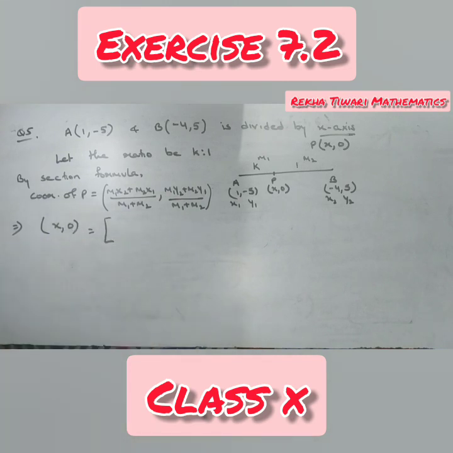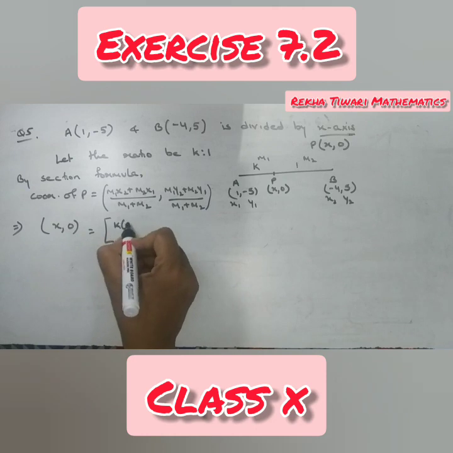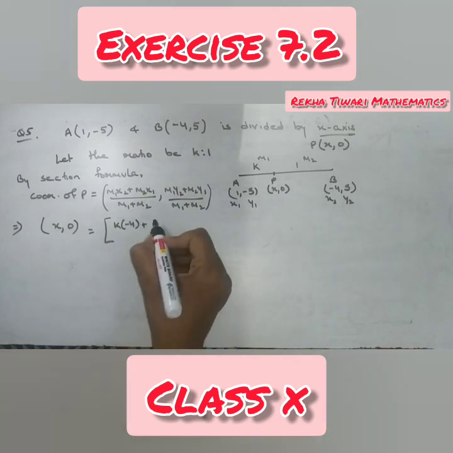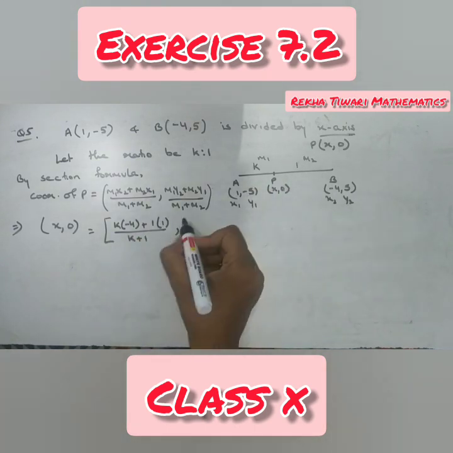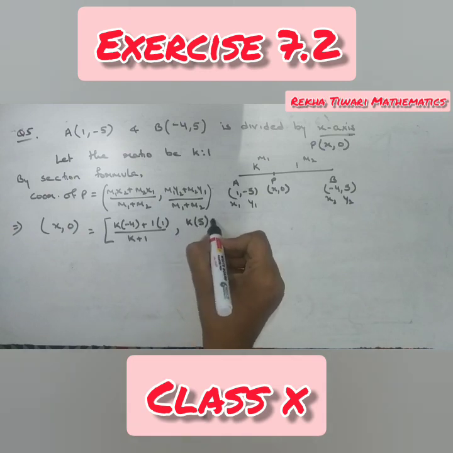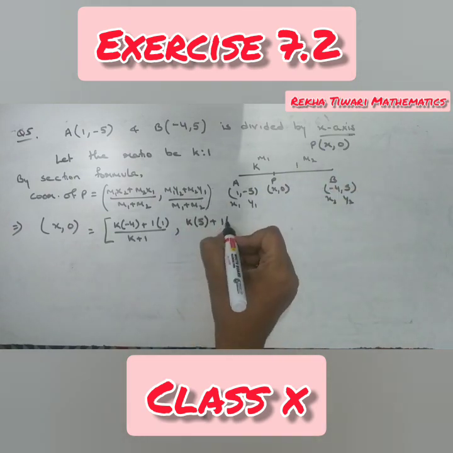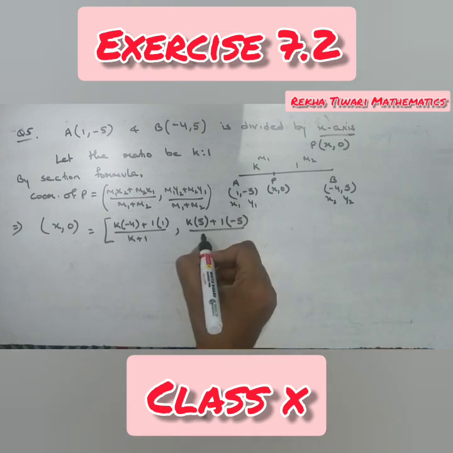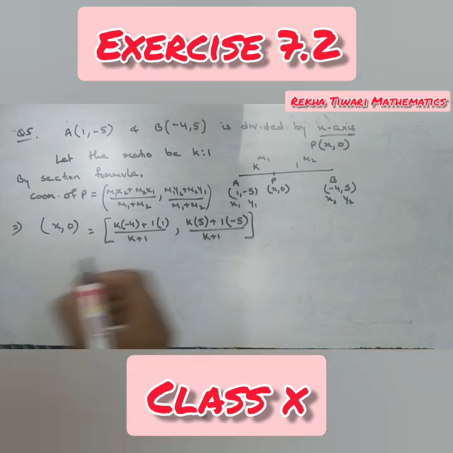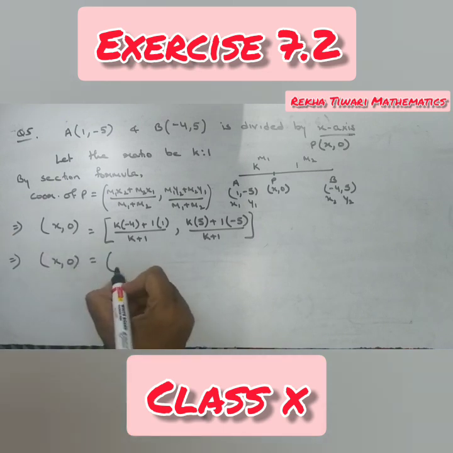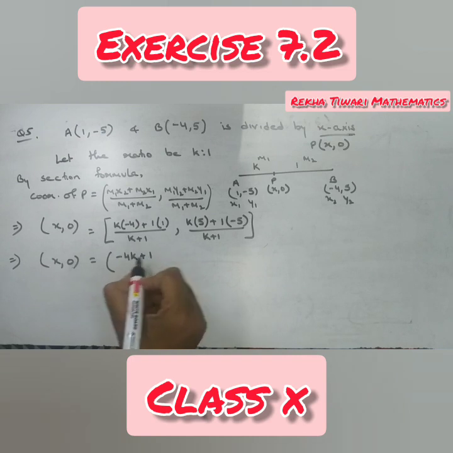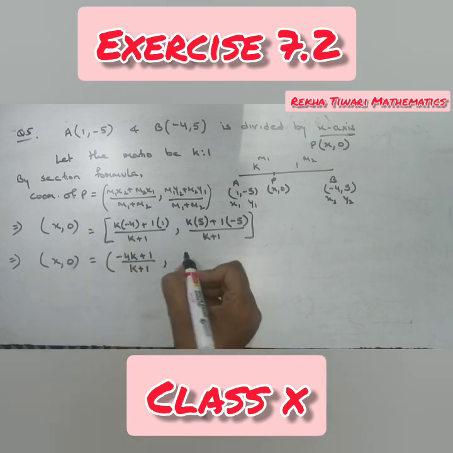And if you put the values here, k into -4, x2 is -4, m2 1 into 1 upon k plus 1. Similarly, m1 y2, k into 5 plus m2 y1, 1 into -5 upon k plus 1. So this implies x comma 0 is equal to -4k plus 1 upon k plus 1, 5k minus 5 upon k plus 1.